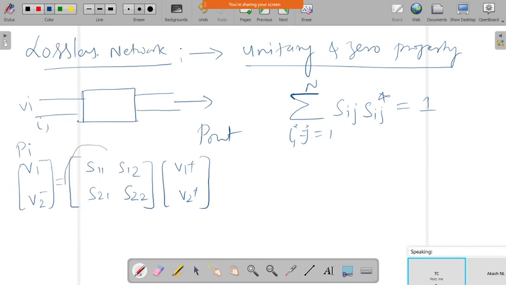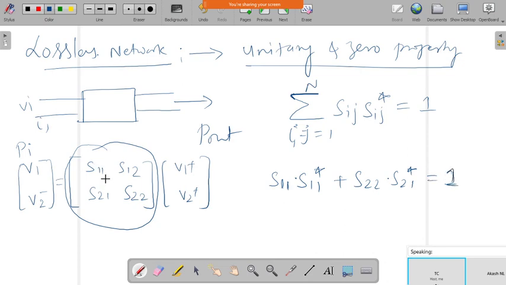Now if I take the S matrix row and column wise, the unitary property means multiplying a parameter with its own complex conjugate, so S21 into S21 complex conjugate, and the sum should be equal to 1.